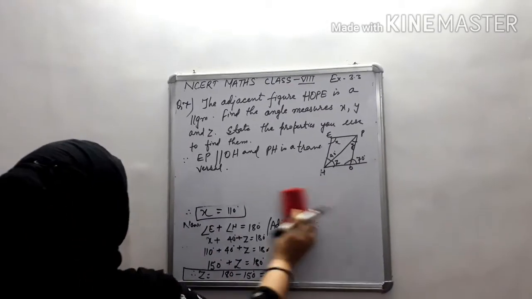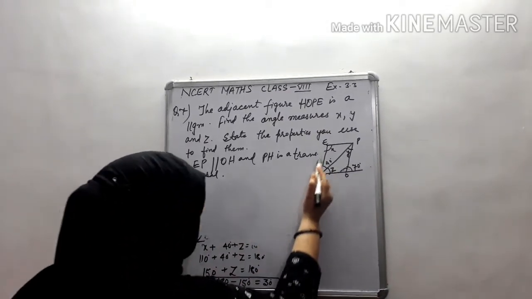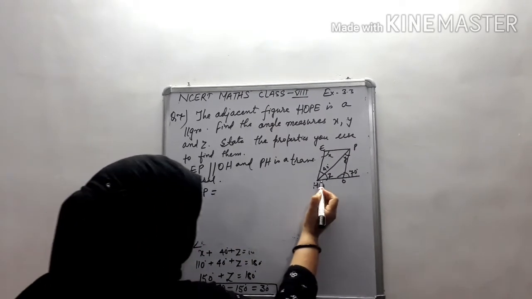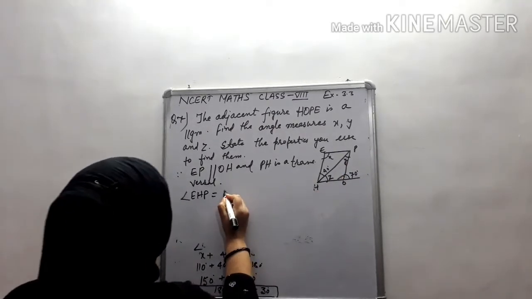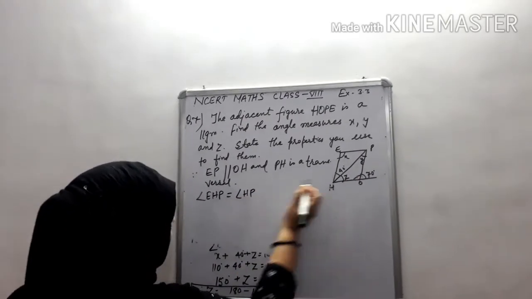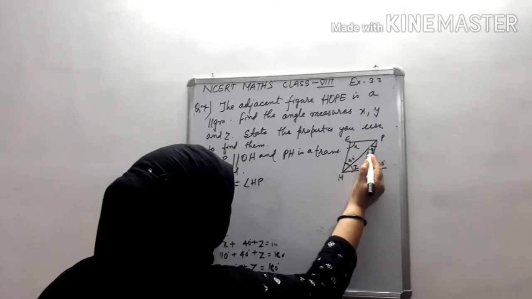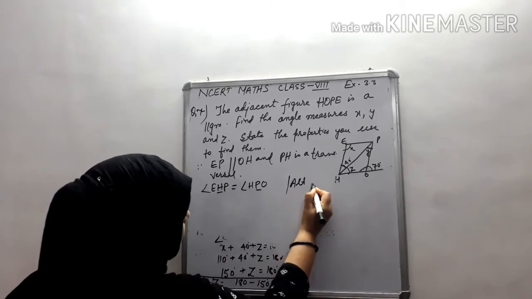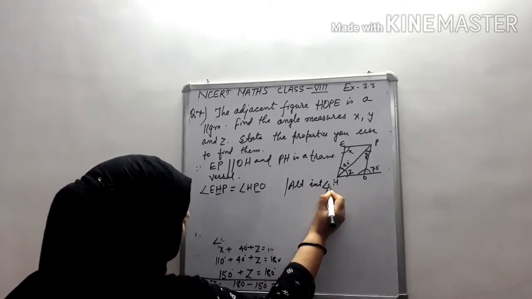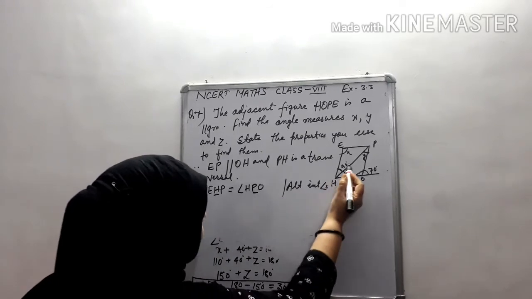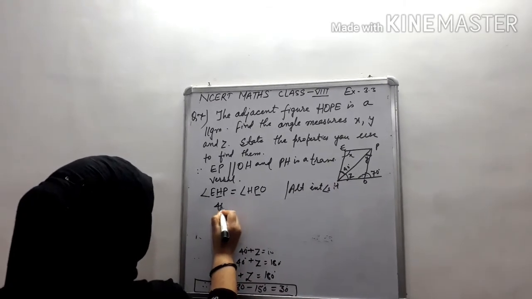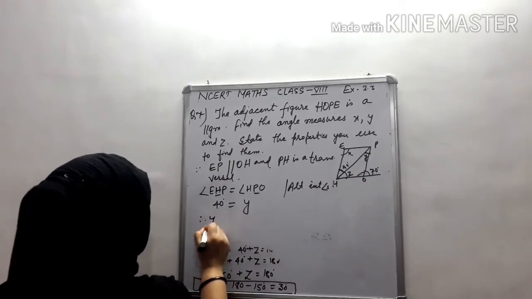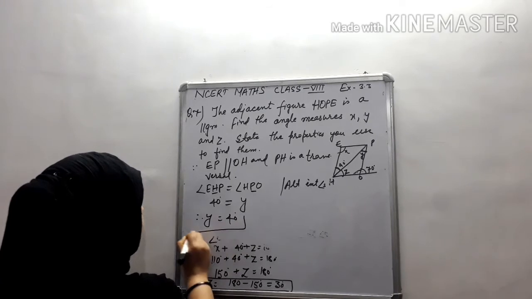Write down here: angle EHP is equal to angle HPO. Angle HPO means this angle. This angle is equal to this angle. How? Alternate interior angles. What is the value of EHP? That is 40 degree. That 40 degree is equal to HPO, means Y. Therefore, Y is equal to 40 degree. This is the value of Y.